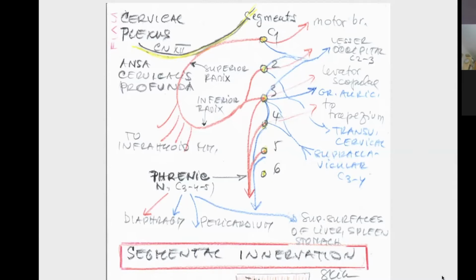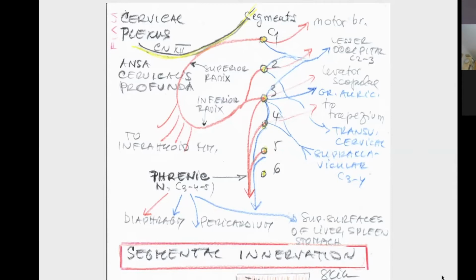So starting with the blue ones, first of all, we see the segments C1, C2, C3, 4, 5, and 6. In blue, I'm just repeating: lesser occipital, greater auricular, transverse cervical, supraclavicular, as we said in the previous explanation, and also the phrenic.